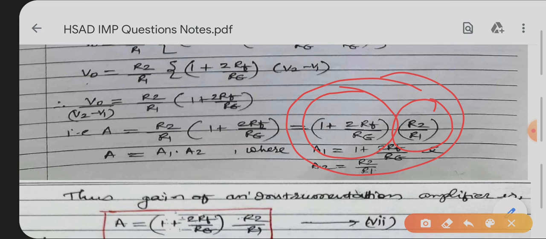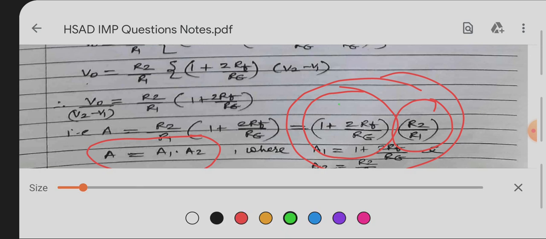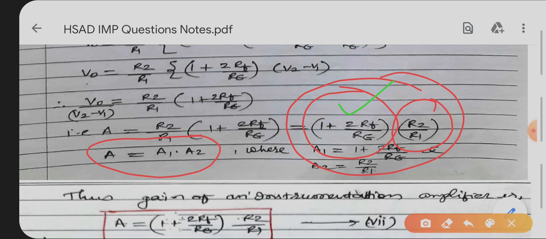Okay, so overall gain equation will be equal to A1 into A2. What is A1? A1 is the gain of the first stage. Here A stands for gain, not op amp. So overall gain A is equal to A1 into A2. A1 is the gain of two non-inverting amplifiers, that is 1 plus 2 Rf by Rg.